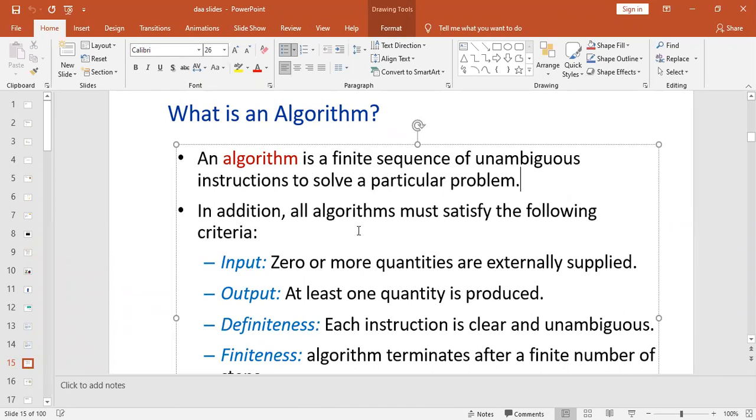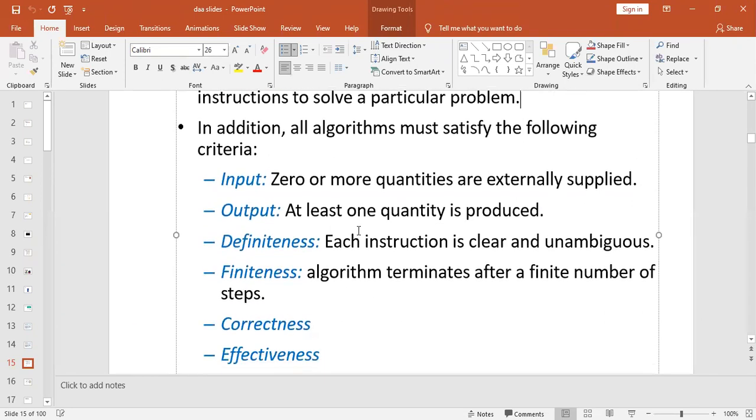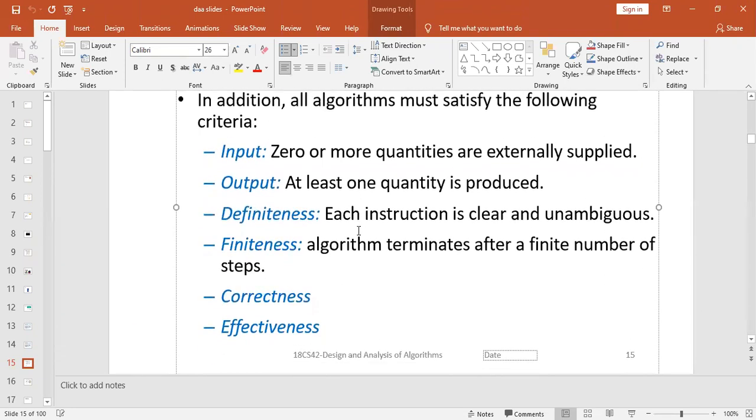In addition, it must satisfy the following criteria. Which criteria do we have? The first one is input. Input should be there. Keep in mind what all the things you should have. If input is there, finally you will get output. What input you give should be clear.